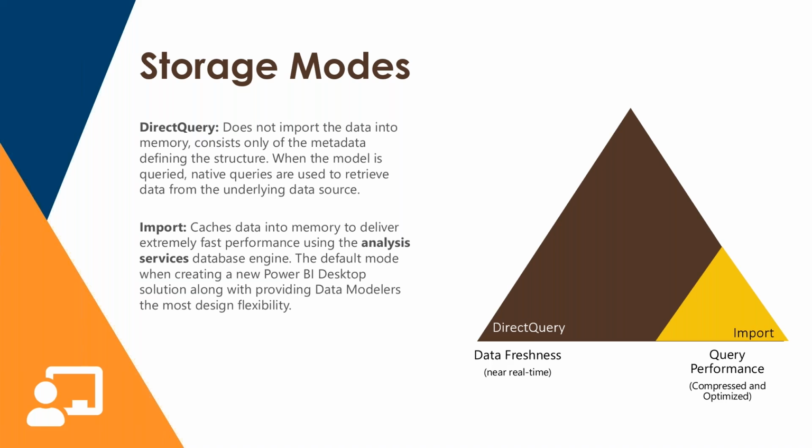So those are kind of the two differences between import and direct query. And just keep in mind that import is the primary way to access your data. However, there are some cases where direct query may be more beneficial, like if you were using a SQL connection.